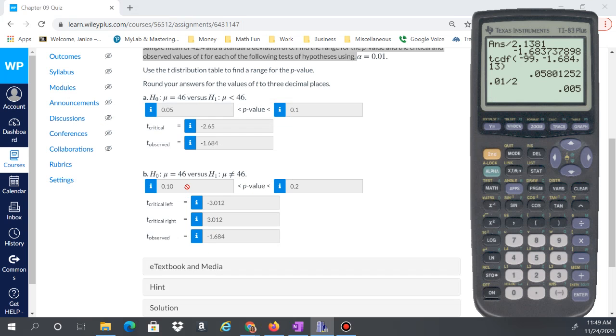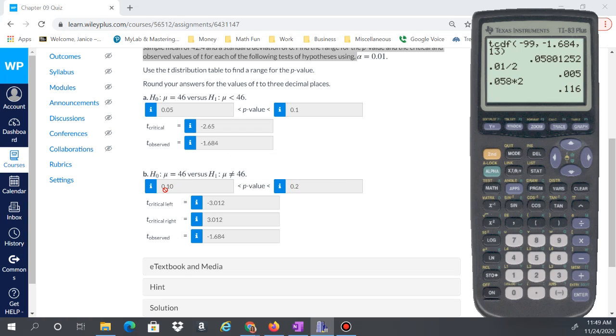The p-value is still 0.058, but because it is two-tailed, you're going to take that p-value and multiply it by 2. That gives you 0.116. So the two values that 0.116 falls between are 0.10 and 0.20.